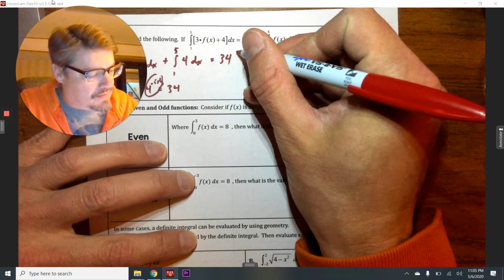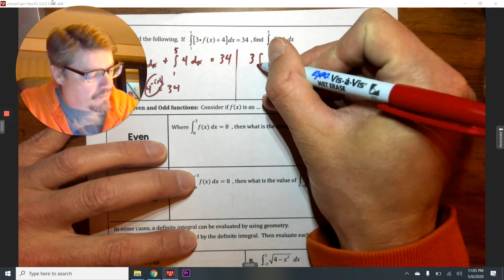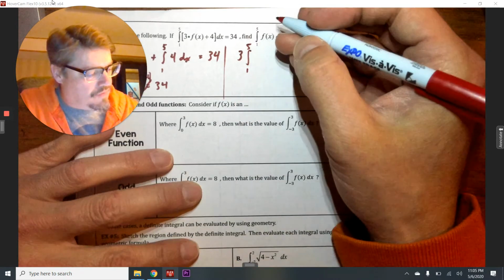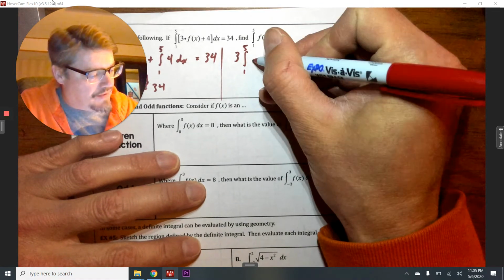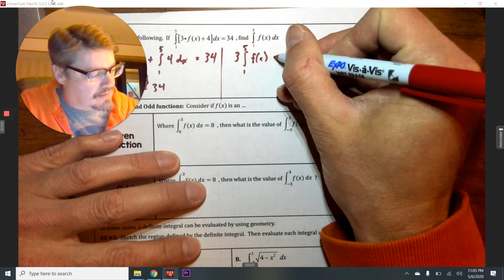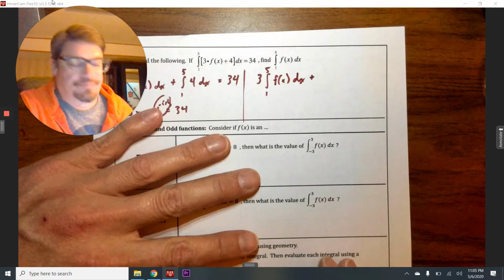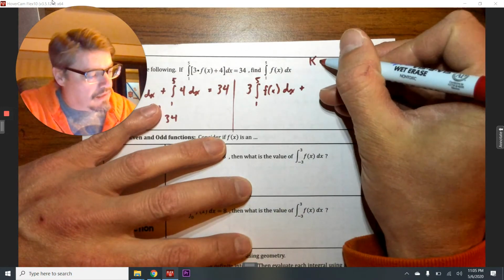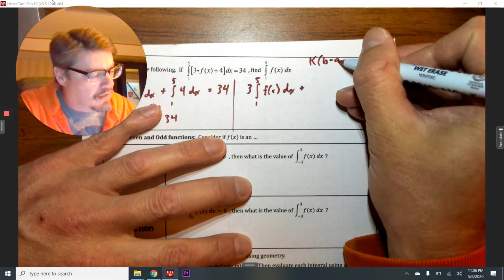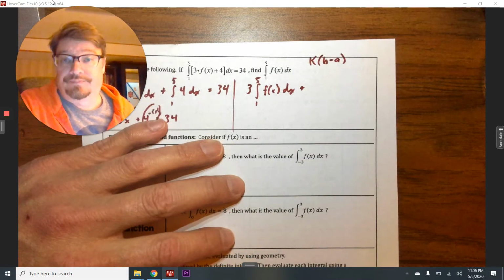So I've got 3 times the integral from 1 to 5 of f of x with respect to x. Now the formula said k times b minus a.